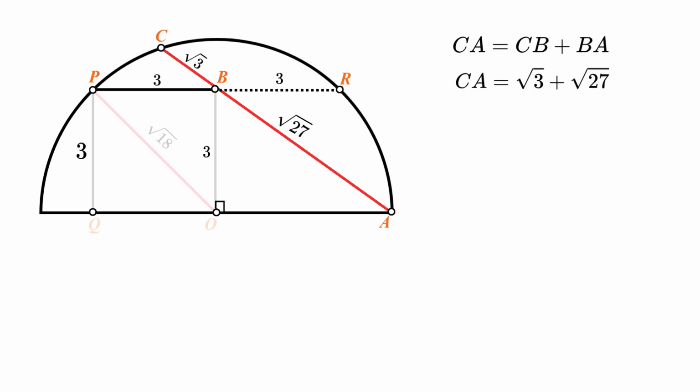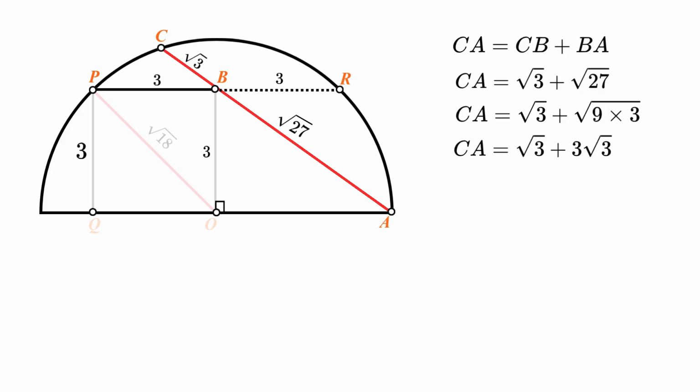Now, let's simplify the square root of 27. The square root of 27 equals the square root of 9 times 3, which equals 3 times the square root of 3. So, x equals the square root of 3 plus 3 times the square root of 3, which equals 4 times the square root of 3. And that is our required answer.